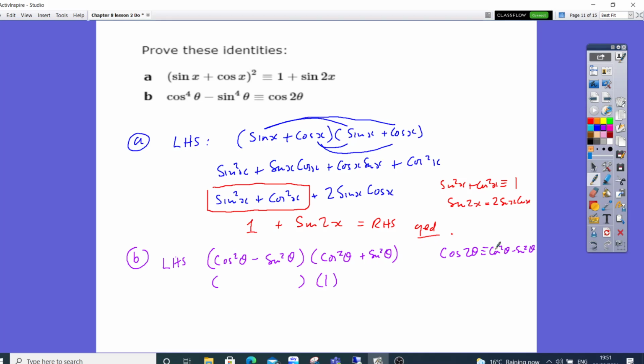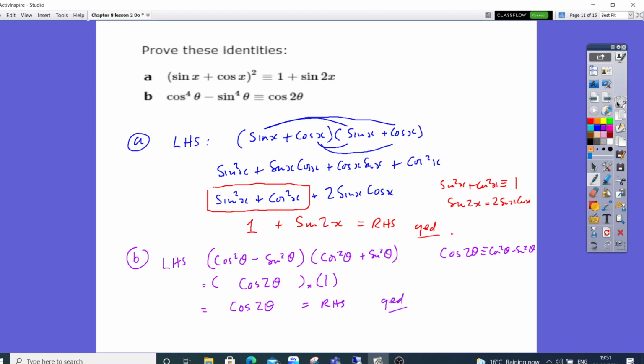That's an identity, so I can just call that cos 2 theta. So when I multiply these two together, I just end up with cos 2 theta, which is the same as the right hand side, and again QED as required.